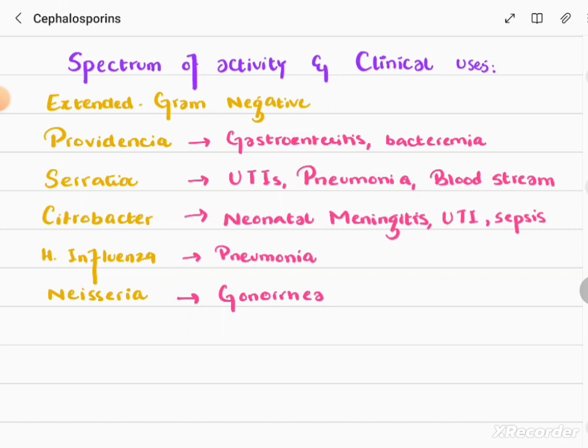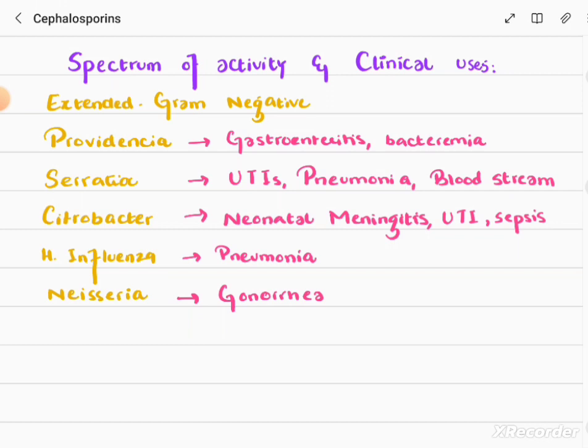Now we must check the susceptibility pattern of these organisms when we're treating, because there are many resistant strains of these bacteria which can combat these drugs. So we must know the sensitivity pattern of the bacteria if we're treating any patient.